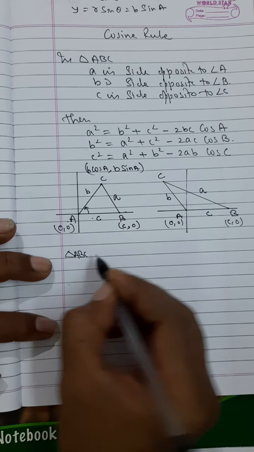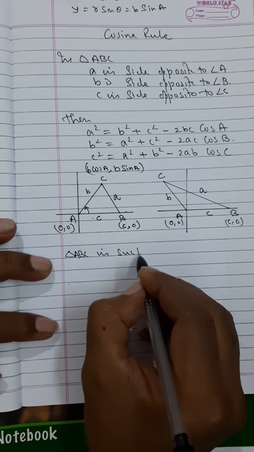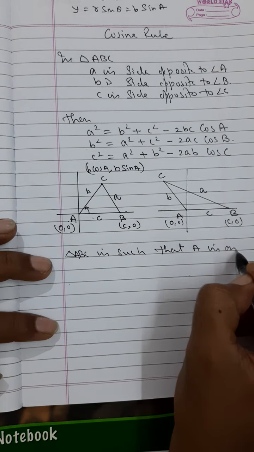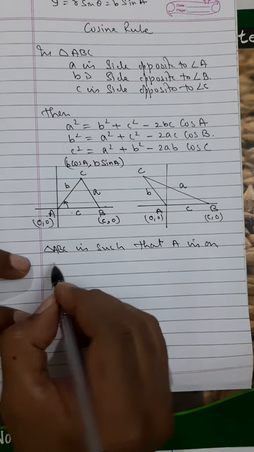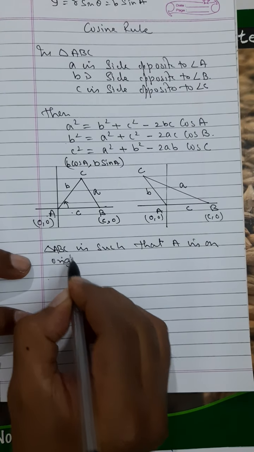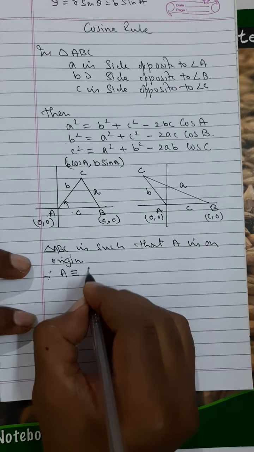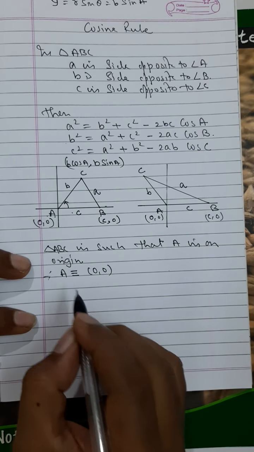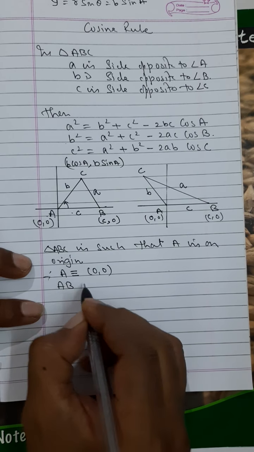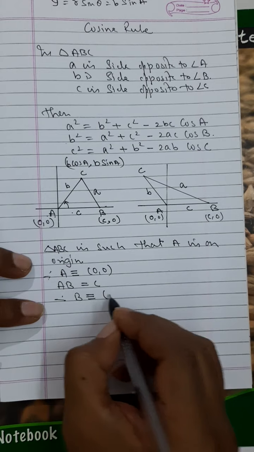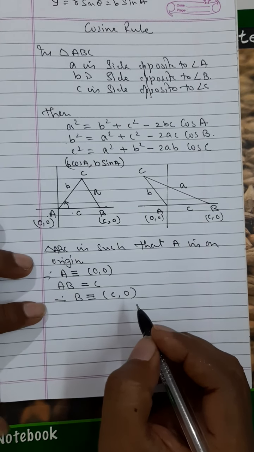Triangle ABC is such that A is on the origin, therefore A corresponds to (0, 0). AB is equal to c, therefore B corresponds to (c, 0).